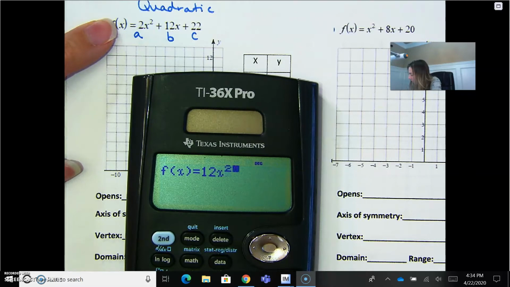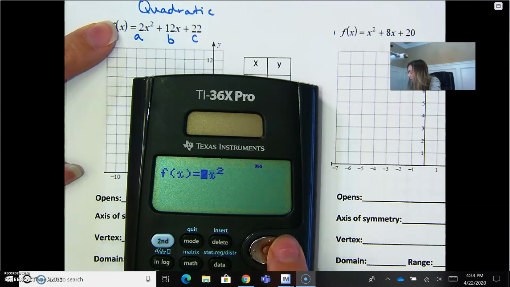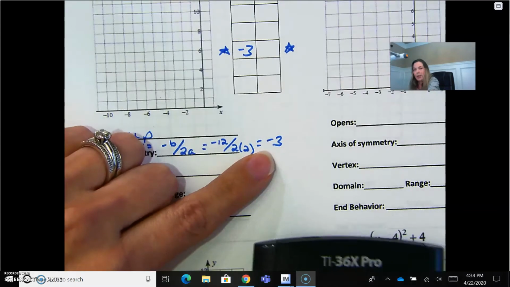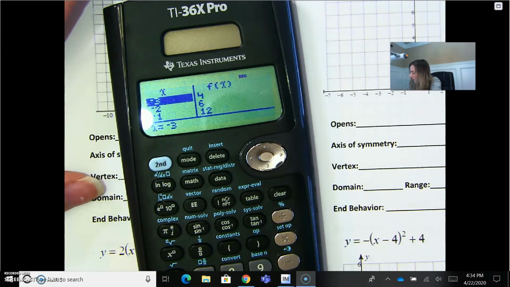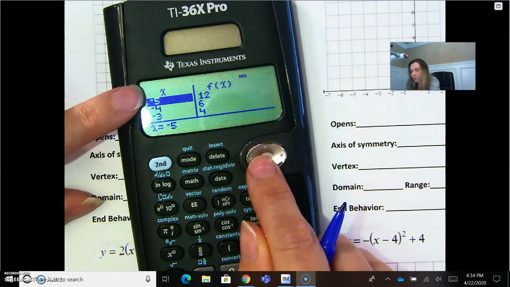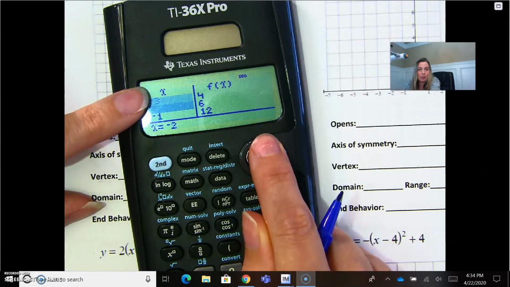Oh, just kidding, that's a 2, not a 12. So we have 2x squared plus 12x plus 22. Tell it to start at negative 3. And just making sure, yep, as you go up 2 and you go down 2, you should see that it mirrors each other.